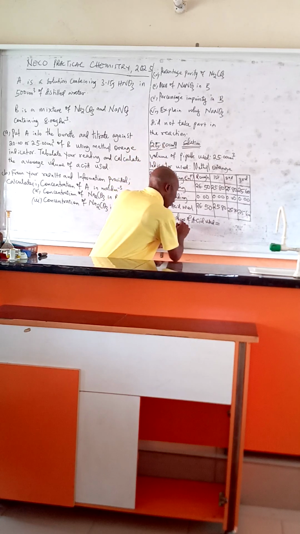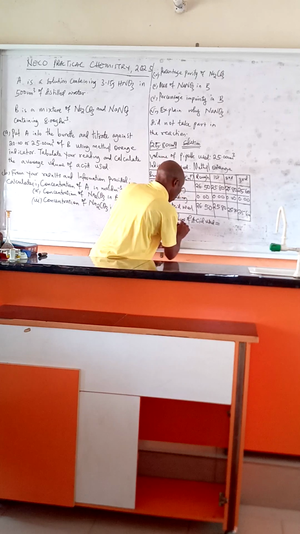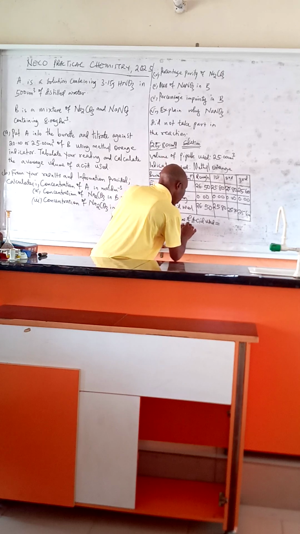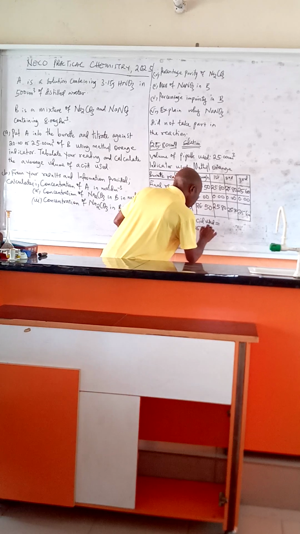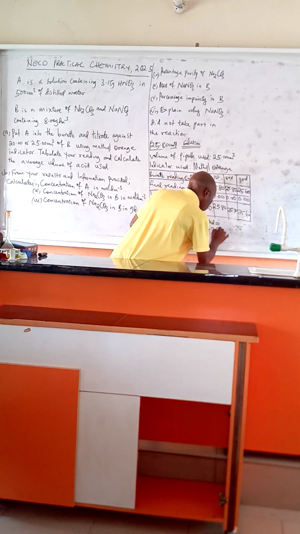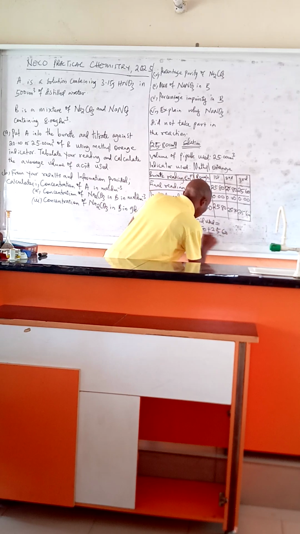So we could have that 25.80 plus 25.80 plus 25.60, all divided by 3.